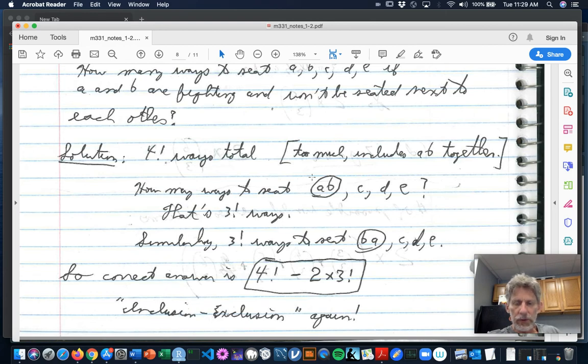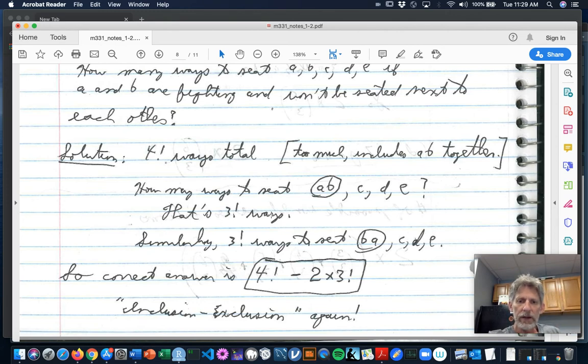What I can do, and this is kind of clever, is treat A and B as a little joined unit. So B is to A's left, and they're just joined at the hip. And then I've got C, D, and E, so I've got 4 items, and I have to sit them around a table. That would be 3 factorial ways. And so that would be a lot of the ways to get them to the table the wrong way with A and B together.